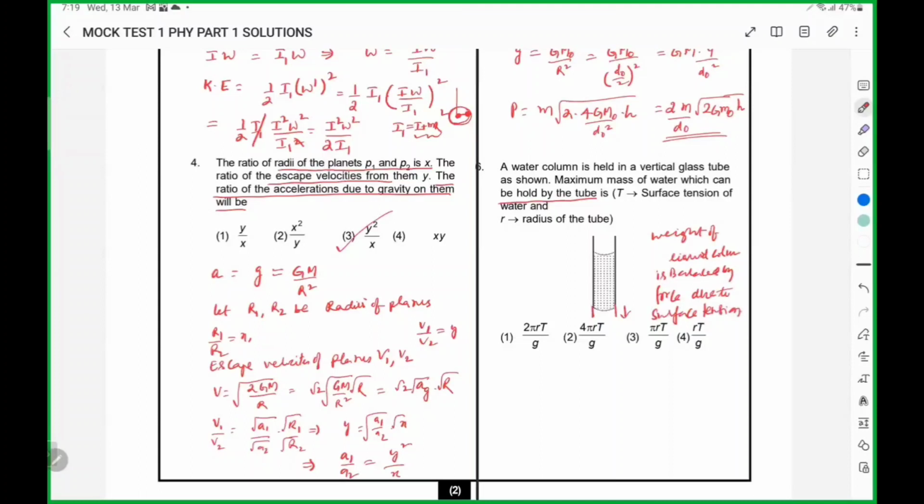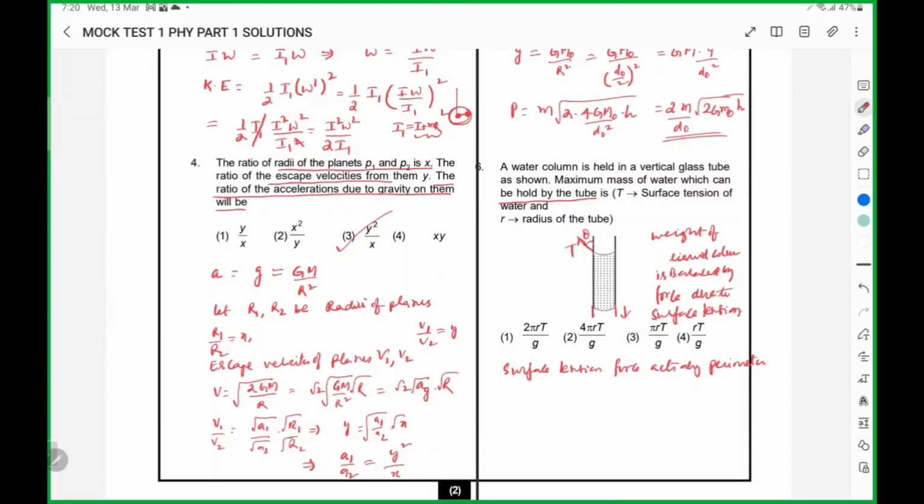So here it is. In which direction does surface tension force act? Surface tension force acts along the perimeter. Here the angle of contact is theta.